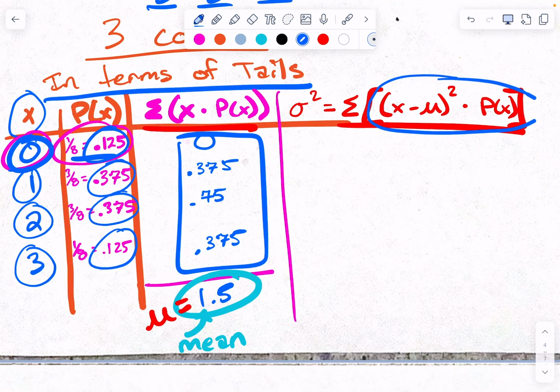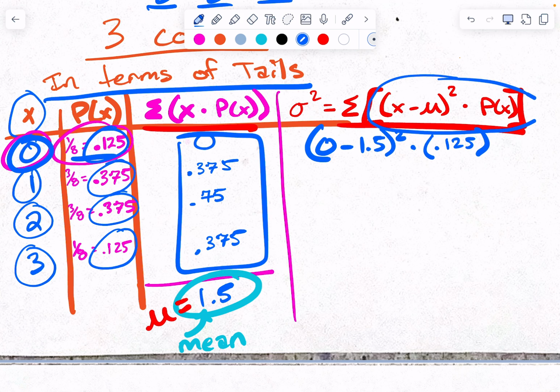In my first row, what is x? 0 minus, what's mu? 1.5 squared times, what's p of x? 0.125. Do you see where these numbers are coming from? (X minus mu) squared times p of x, right?